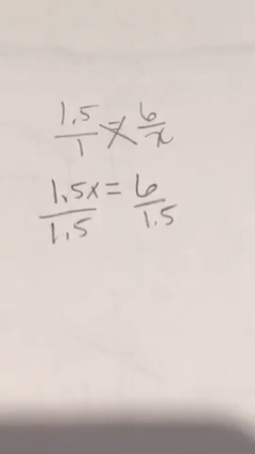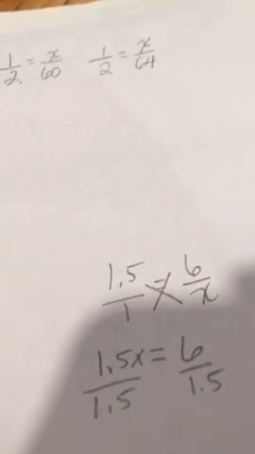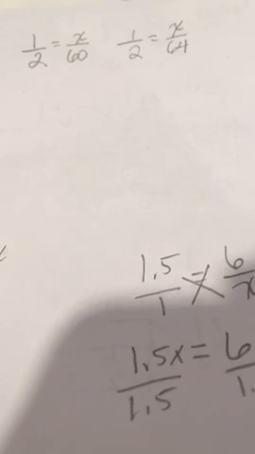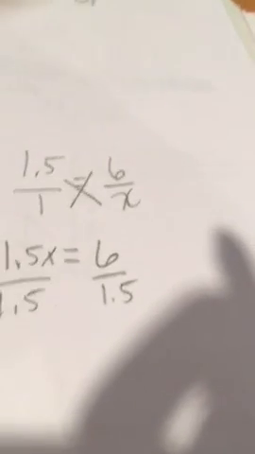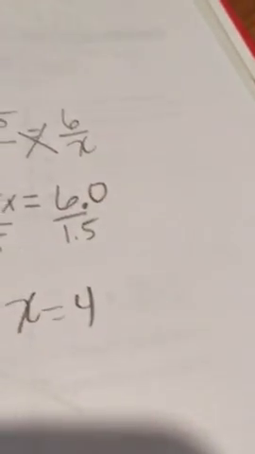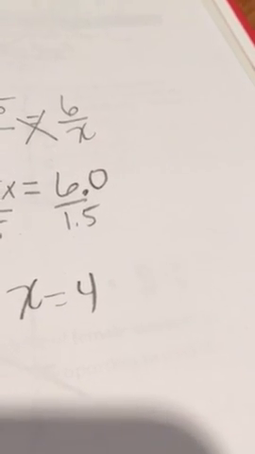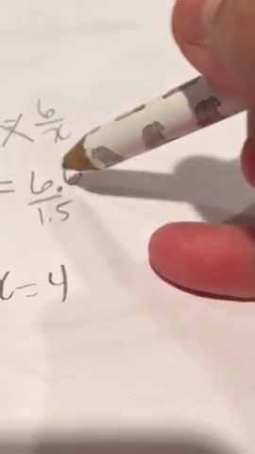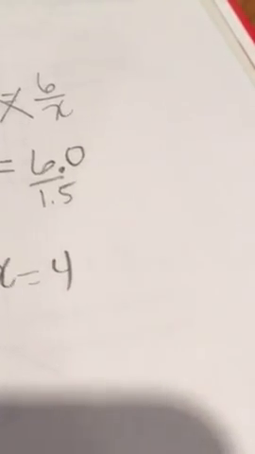And what you're going to end up getting when you do this, 1.5 going into 6, is going to be 4. The reason they're saying that this could be mental math is that you could put a 0.0 on here, and if you know 15 minutes, there are 4 groups of 15 minutes in 60 minutes, an hour, so that if you're looking at these almost being like 15 and 60, you should know that the answer is 4. I don't really think that works for everybody. If it does, bravo.